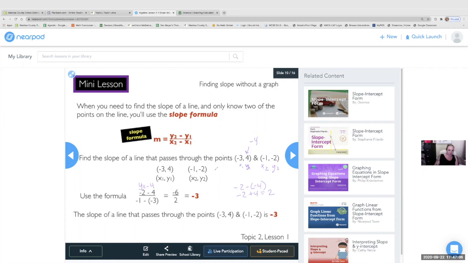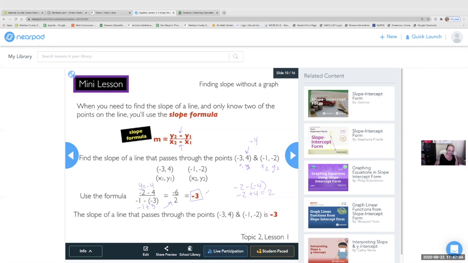But it's a positive 4, and the formula calls for a subtraction in between. It's the difference. So that's why this is -6. And then over here, here's an example. It's -3 minus -1 minus -3, which is actually -1 plus 3, and that's why we get 2. -6 divided by 2 is -3.